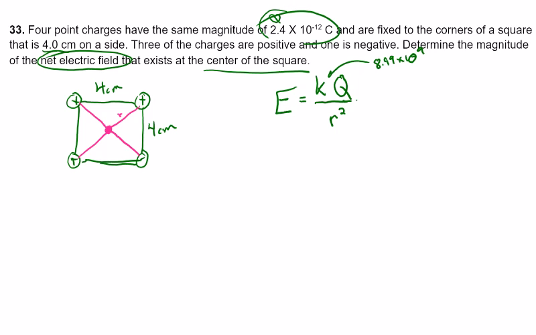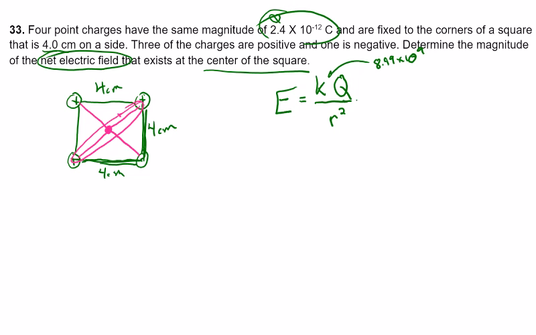So the first thing I'm actually going to find is, let's figure out how do I find R. Now, if I do this problem, there's a couple of different ways to go about it. One method that I usually think of is, I realize this is 4 centimeters, that this is a big right triangle, and so this entire distance from one corner to the other corner can be found because it's the hypotenuse.